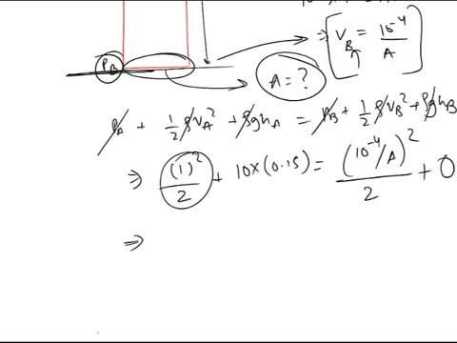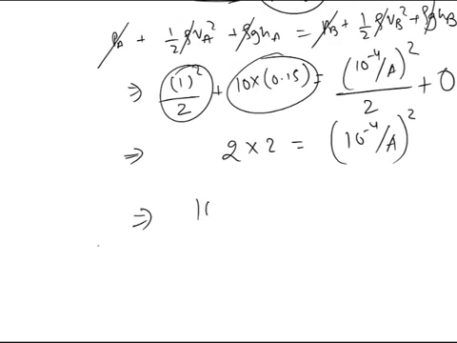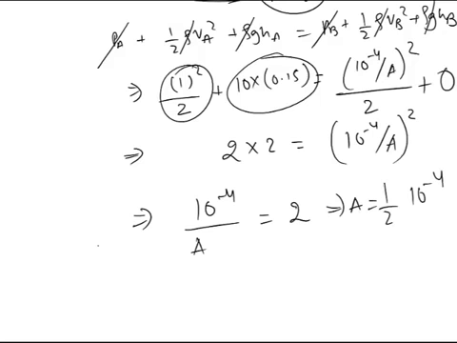This comes out to be 0.5, this is 1.5, so this is 2, and 2 into 2 is 4, that is 10 to the power minus 5 by area whole squared. So we finally get 10 to the power minus 4 by area is 2, and area comes out to be half of 10 to the power minus 4. And that is also equal to 5 into 10 to the power minus 5 meters square. Hence option number C. So that's it guys. That was the final question of the test.